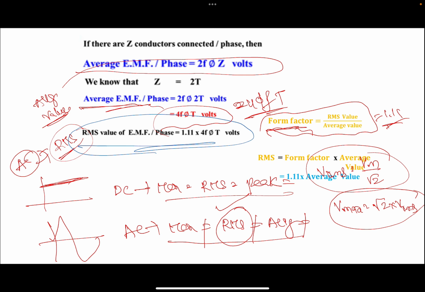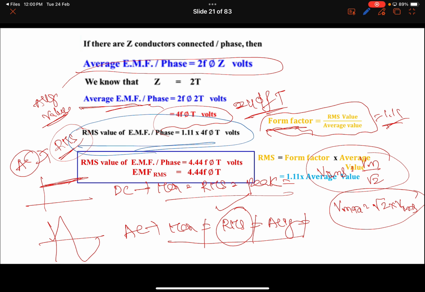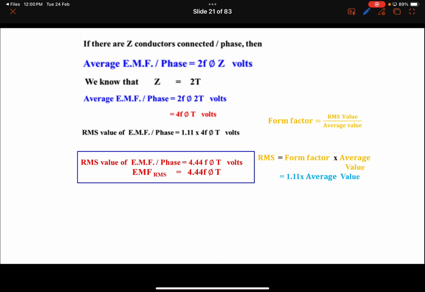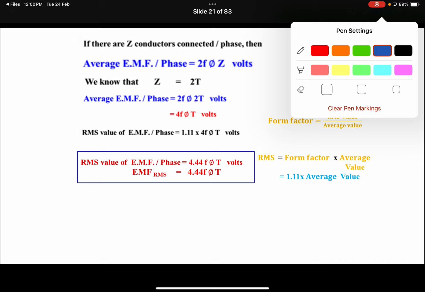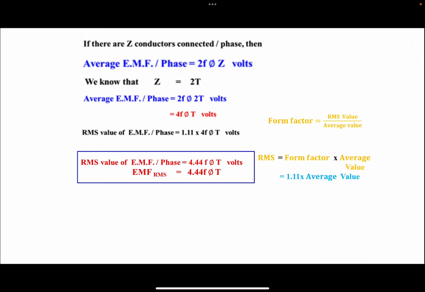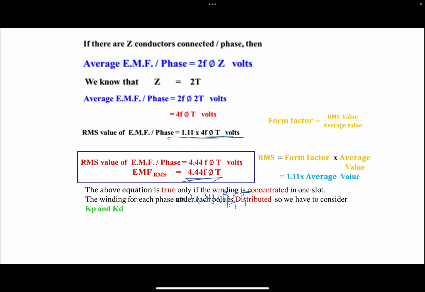So what actually happens here? This 1.11 into 4 phi f T will be converted into 4.44 phi f T. Is it the similar equation that we already followed in transformers or not? But the only thing is here we are including two terms: pitch factor and distribution factor. They depend on the type of winding that we use here.